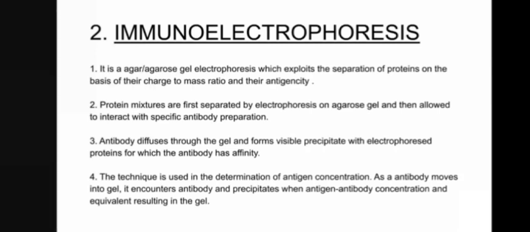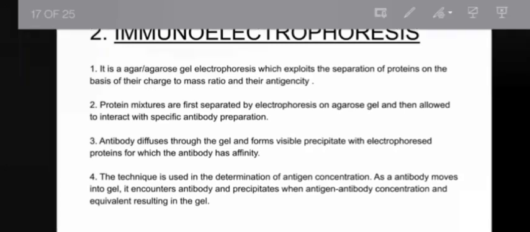Antibody diffuses through the gel and forms a visible precipitate with the electrophoresed protein for which the antibody has affinity. The technique is used in determination of antigen concentration. As the antibody moves into the gel, it encounters antigen and precipitates when the antigen and antibody concentrations are equivalent, resulting in a precipitin line in the gel.